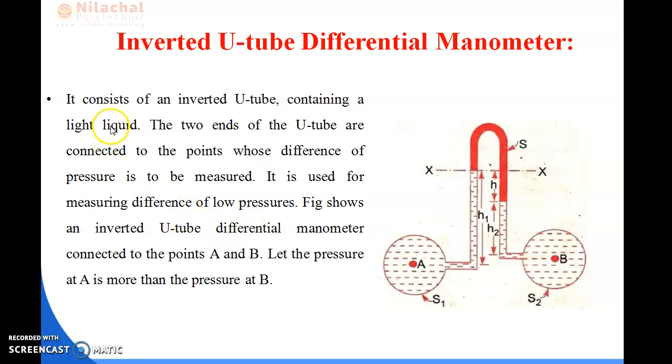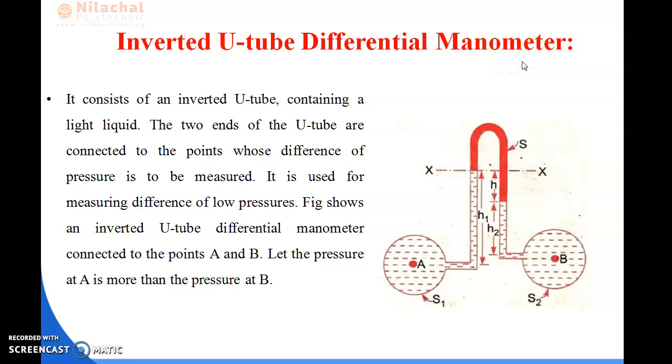Next is the inverted U-tube differential manometer. This is the second type of differential manometer. In the U-tube differential manometer, you are calculating that value above atmospheric pressure. But when you are going to calculate below atmospheric pressure, meaning vacuum pressure, at that time you will use the inverted U-tube differential manometer.